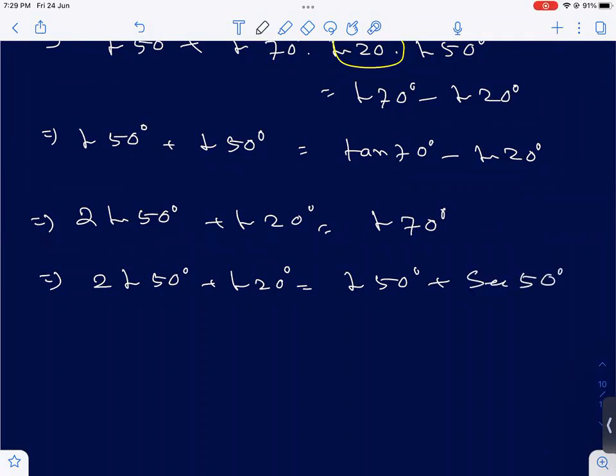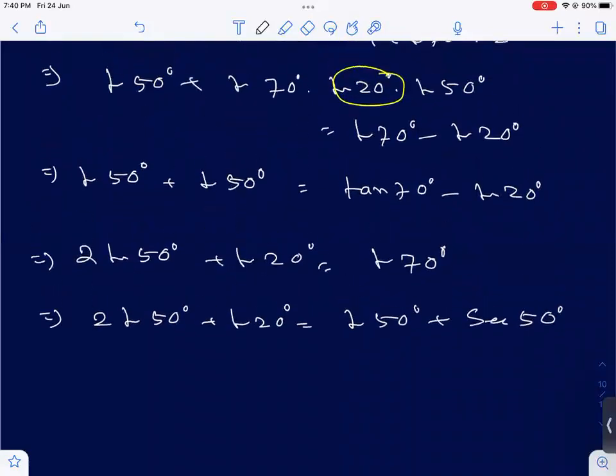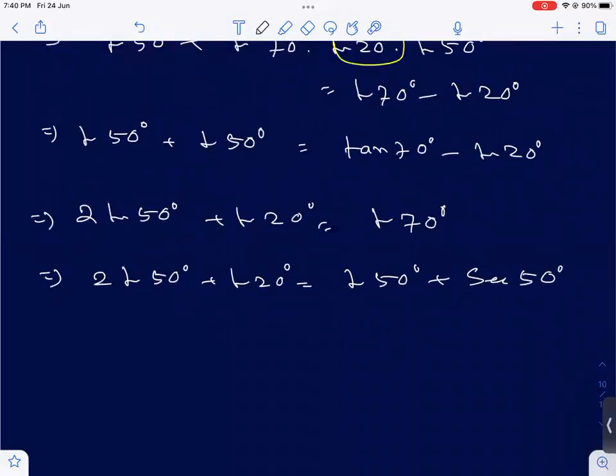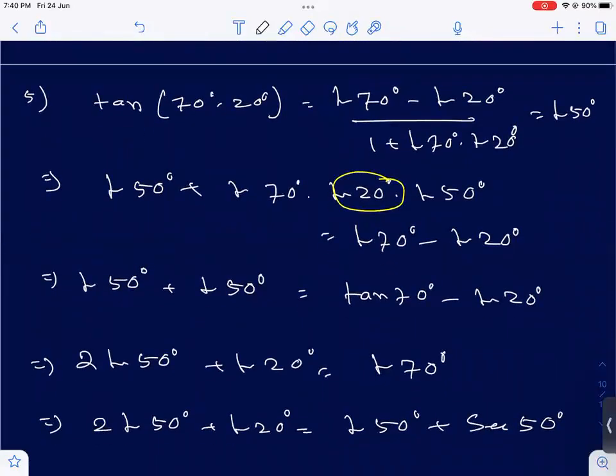Next, everybody, what is the option for sum number 5? Option is C.